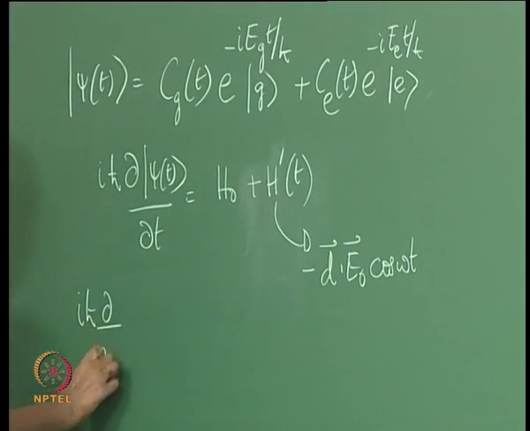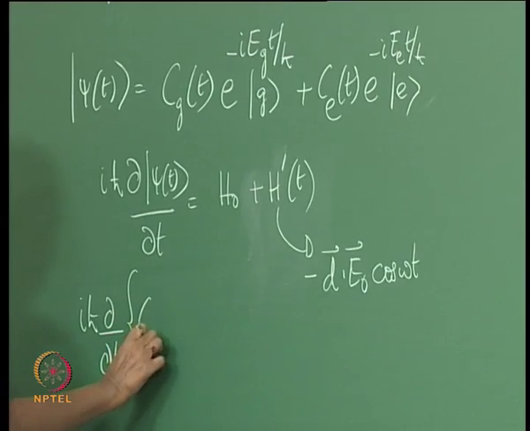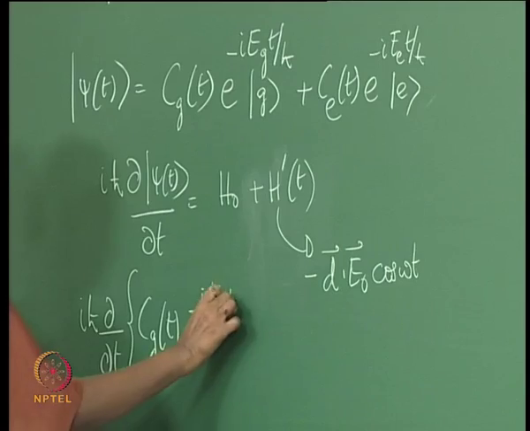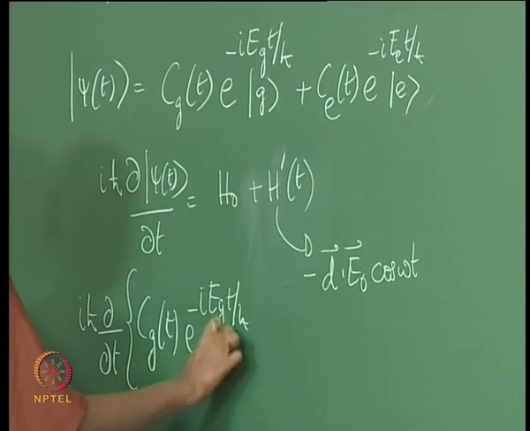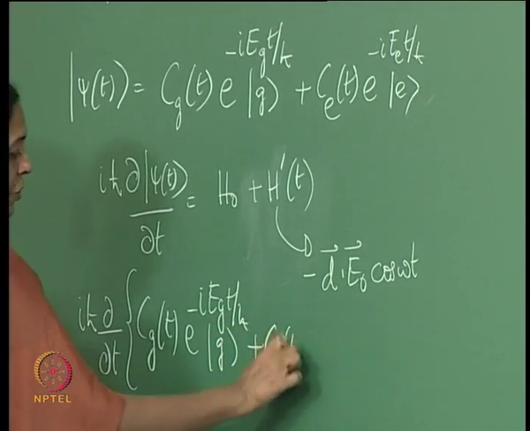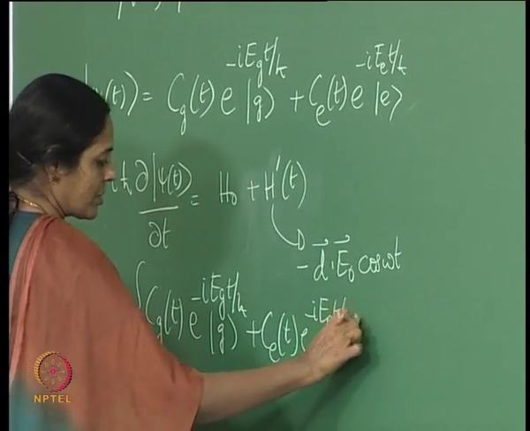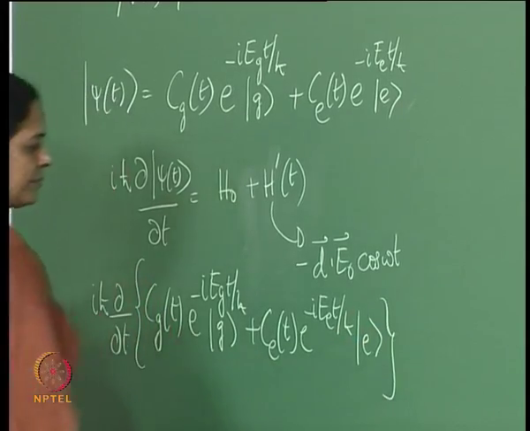We have i h cross del by del t of Cg of t e to the minus i Eg t by h cross ket g plus Ce of t e to the minus i Ee t by h cross ket e.